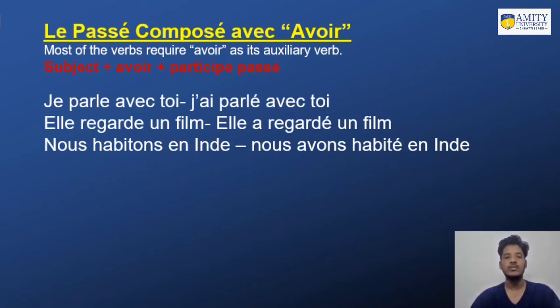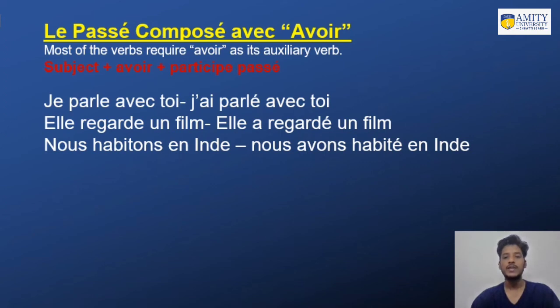I talked to you. Next, elle regarde un film. She is watching a movie. So what is the action? Watching, to watch. What is the subject? She, elle. So elle, subject, regarde, verb.